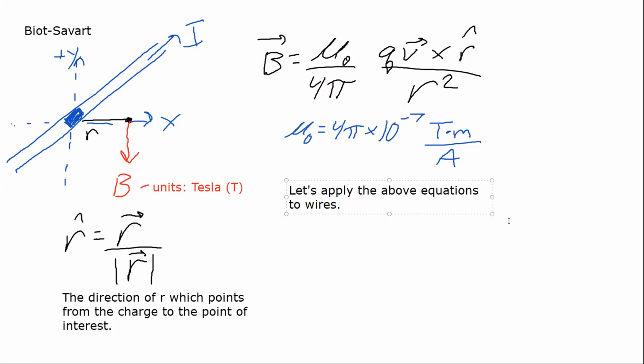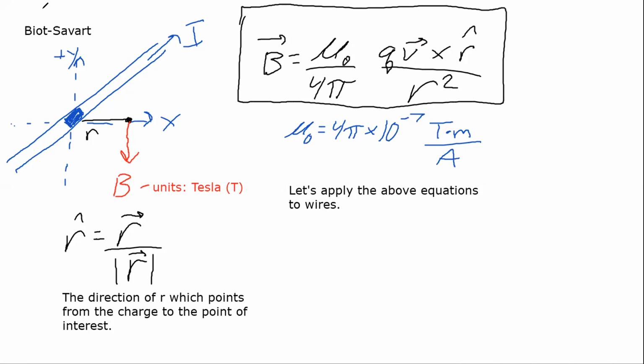So the equation up here is great when you have a charge moving through space, and you have the velocity. But what happens when you have a current? Well, it's not too hard to see the connection.